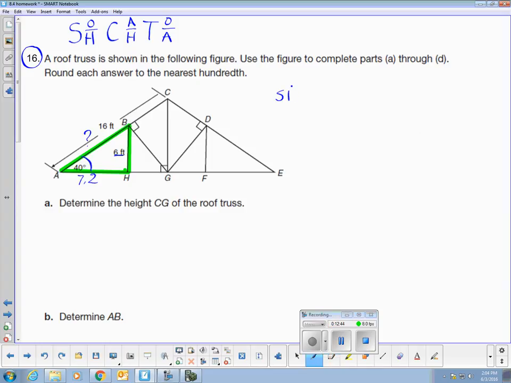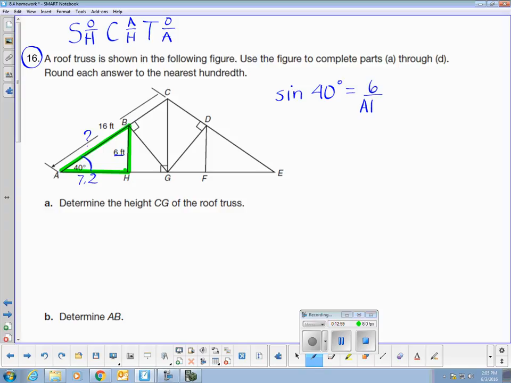And I'm going to say that the sine of 40 degrees is equal to, so I'm going to come up here, sine is opposite over hypotenuse. So 6 divided by, and the hypotenuse is what we're looking for.